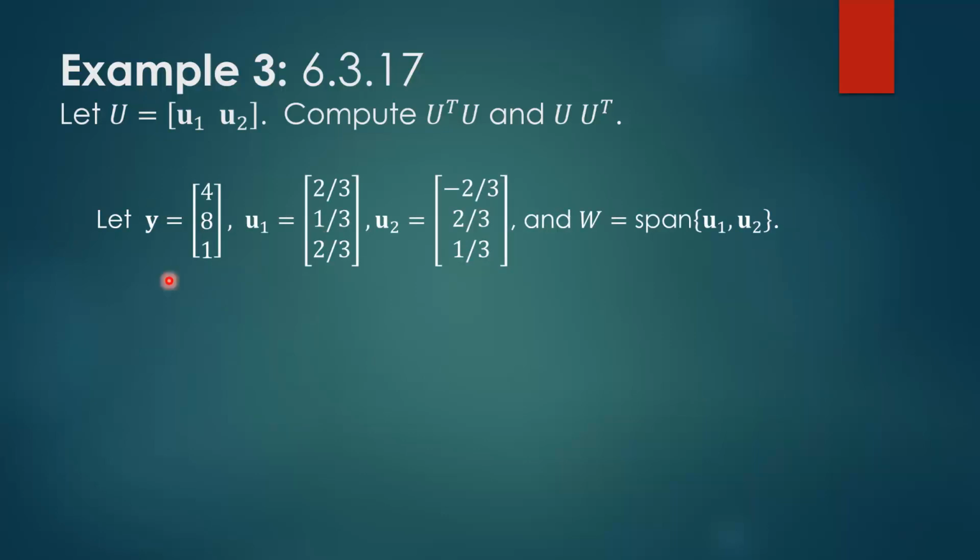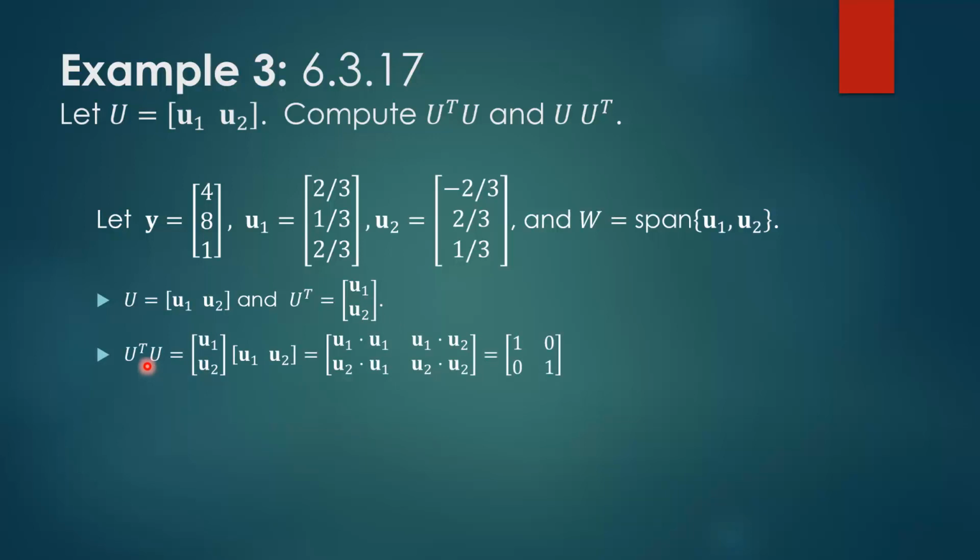So we will let our matrix U equal these things as our column vectors. So we can write it as U1, U2, assuming that they're actually column vectors. Well, if we multiply U transpose times U, U transpose looks like a column vector, but it's really a matrix, where u1 that has 3 elements and u2 that also has 3 elements are written in rows.